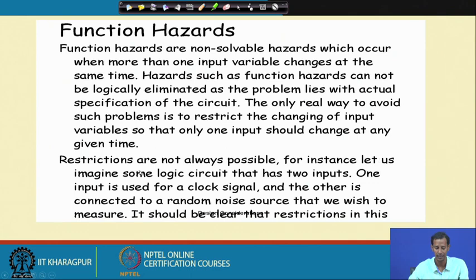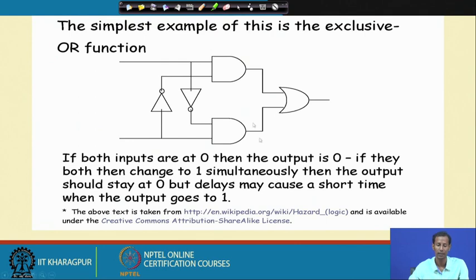For instance, let us imagine some logic circuit that has 2 inputs, and one input is used for a clock signal and another is connected to a random noise source that we use to measure. So, it should be clear that the restriction in this case is not possible. Suppose you consider one of these functions. When both the inputs are at 0, then the output is 0.